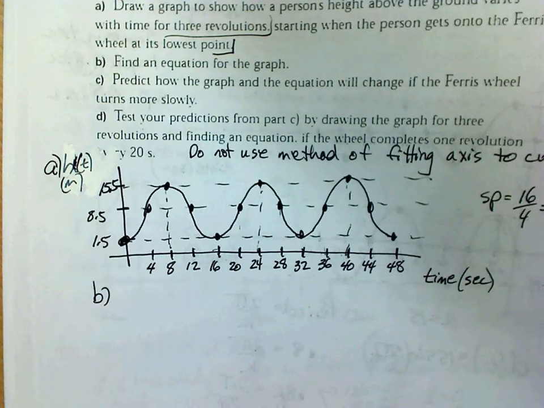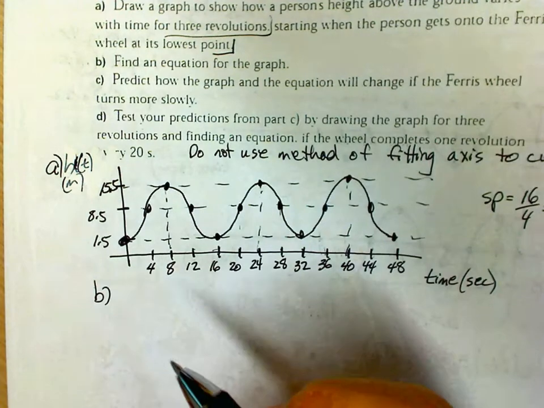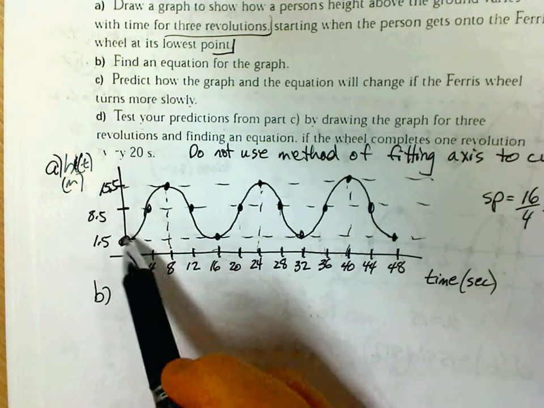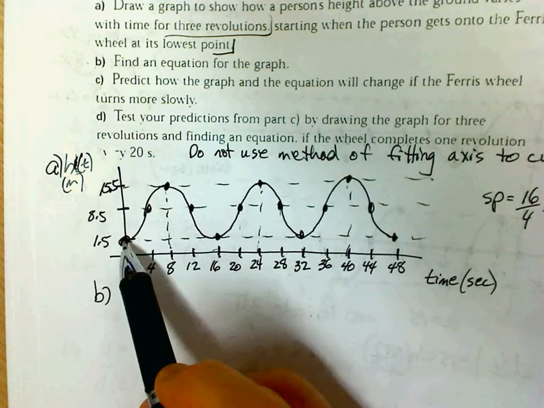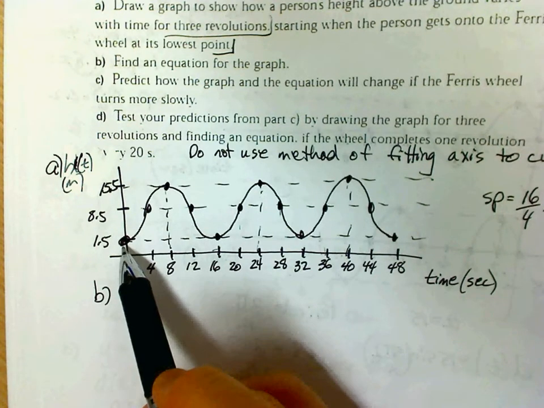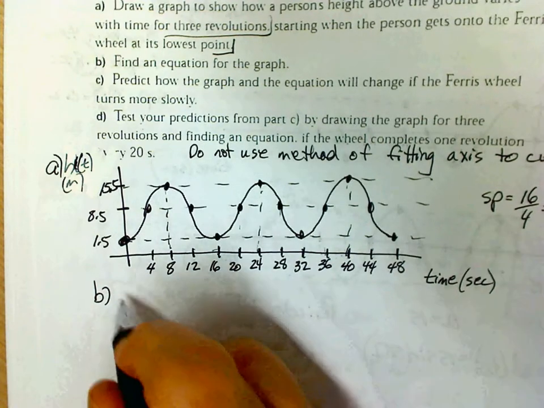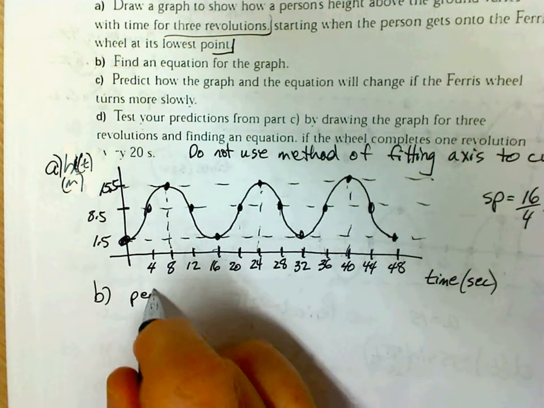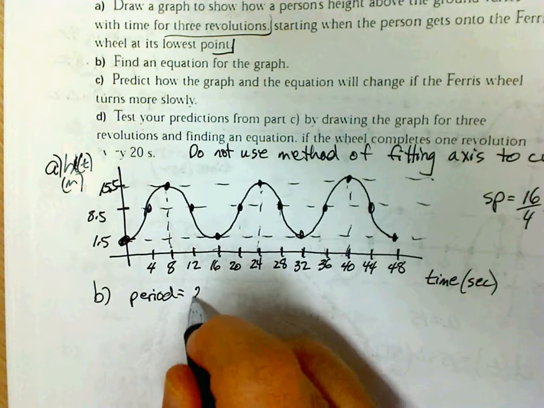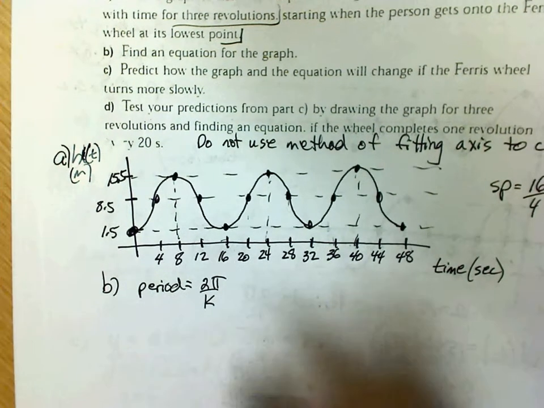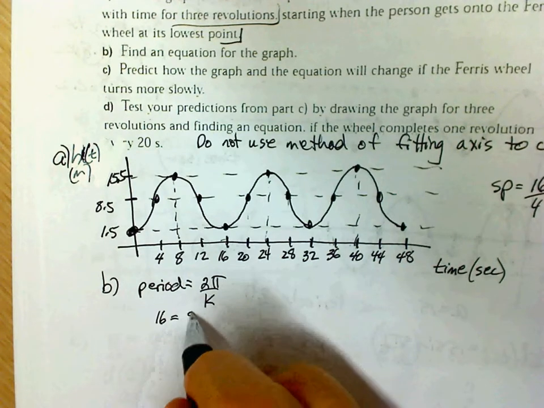We could deal with it as a sine function, we could deal with it as a cosine function. They don't seem to say, so we're going to do both. So our period equals 2 pi over k. We're just going to calculate k. So our period is 16 seconds equals 2 pi over k. 16k equals 2 pi.